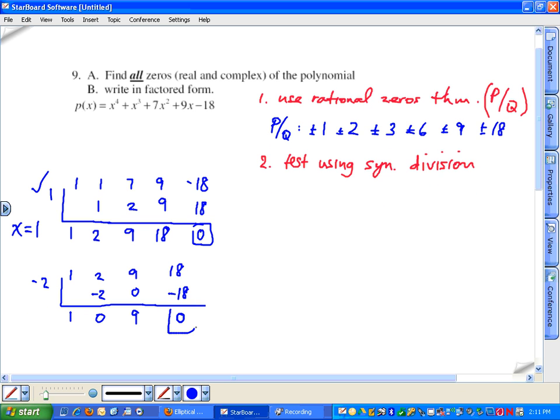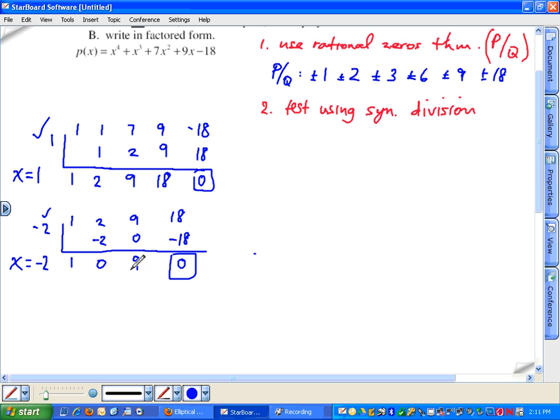And we've found another zero, x equals -2. And what's remaining now, we started with an x to the fourth and we found two zeros, which has resulted in an x squared polynomial here, second degree. So if we factor p of x at this point, with the two factors we have, we'd have x minus 1 times x plus 2, and then this right here gives us a factor of x squared plus 9.